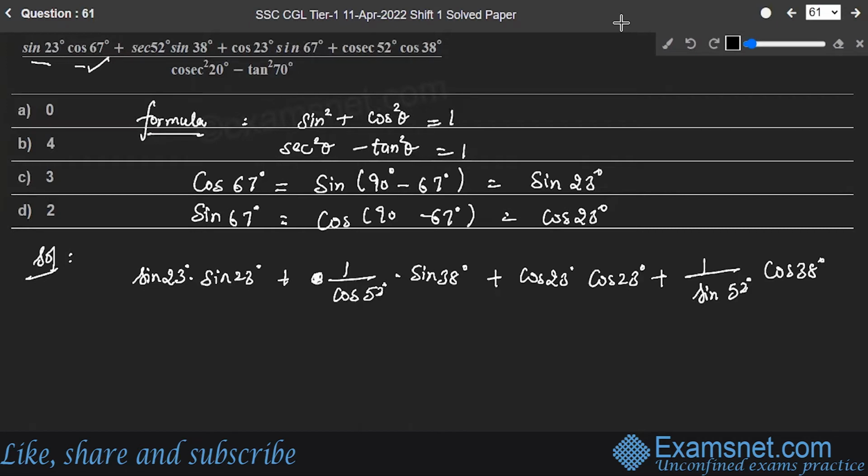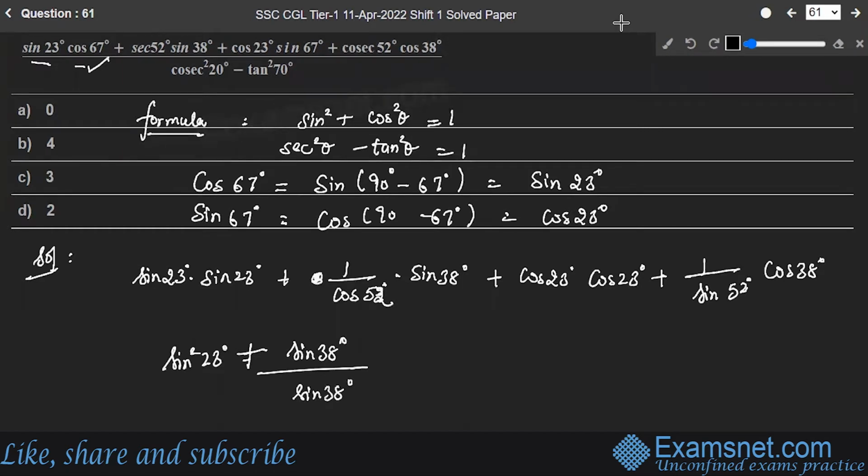Right. So now this can be written as sine square 23 degrees. Cos 52 can be written as sine 38 only.